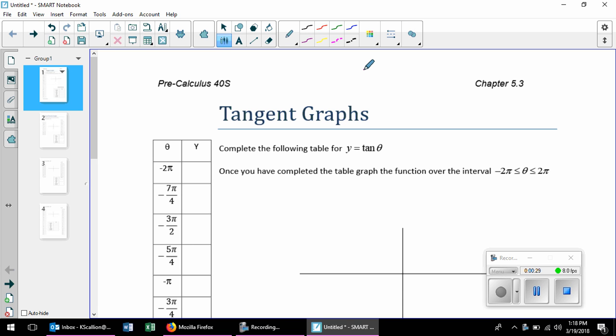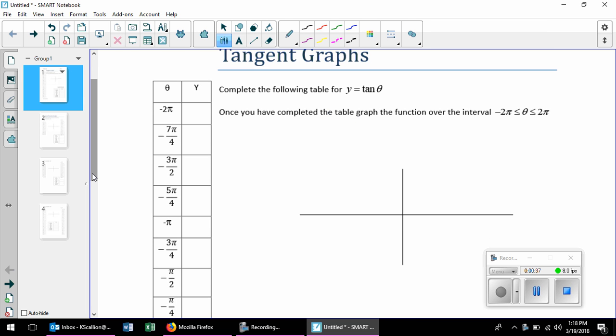So we're going to look at tangent first, and then we're going to look at the reciprocal graphs of cosine and sine and tan. So you'll have 6 graphs that you need to know off by heart because you'll be doing transformations on them. And I've had in the past a reciprocal graph with transformations on the provincial exam.